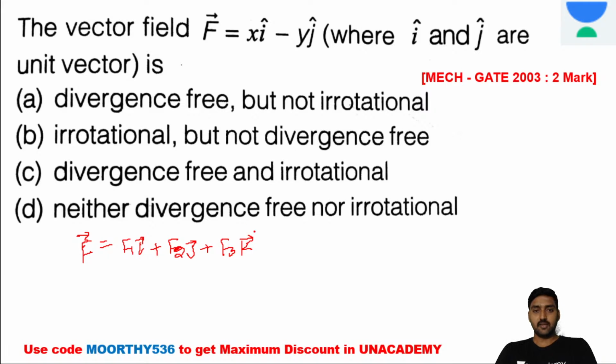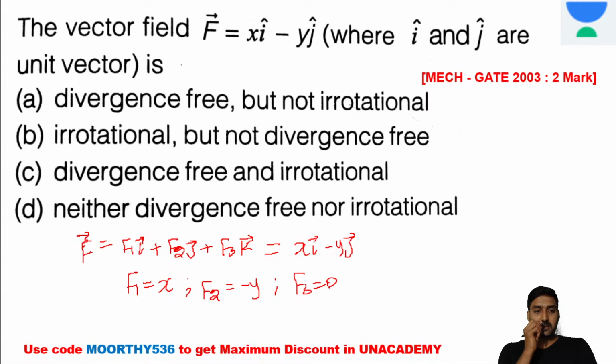It is equal to x i vector minus y j vector. If you compare the equation, what are we getting here? F1 is equal to x and F2 is equal to minus y. F3 is equal to 0. So this is what we are concluding.